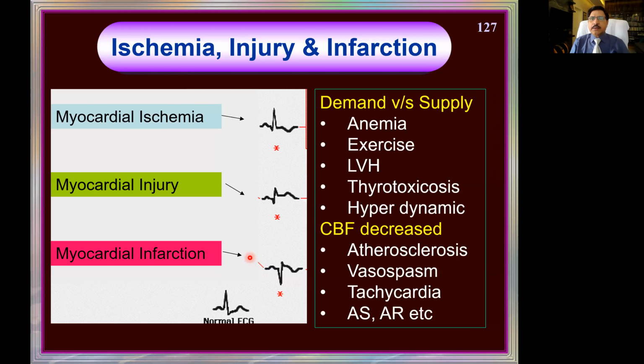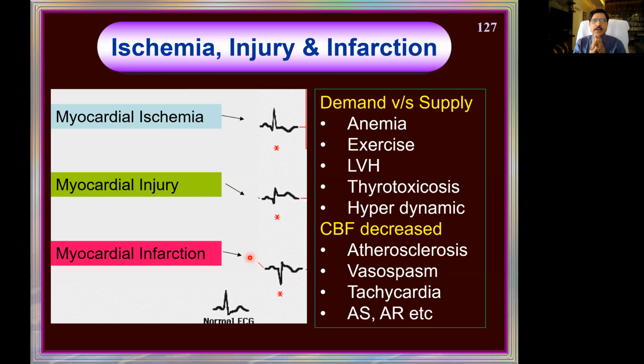Demand is the demand by the myocardium, particularly left ventricular myocardium, for oxygen and in turn blood. Supply is the amount of blood that is supplied to the myocardium of the heart. So if there is a discrepancy between the demand and the supply, either the demand increases or the supply decreases or both, it can result in myocardial ischemic heart disease.